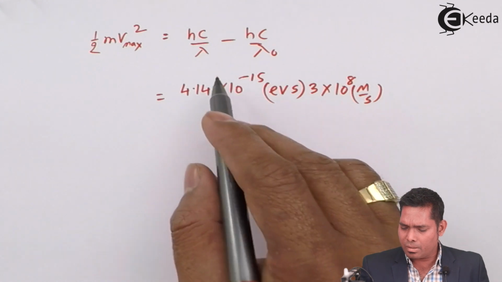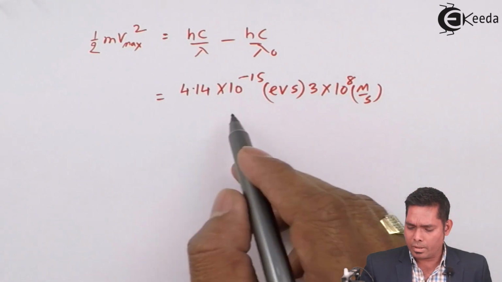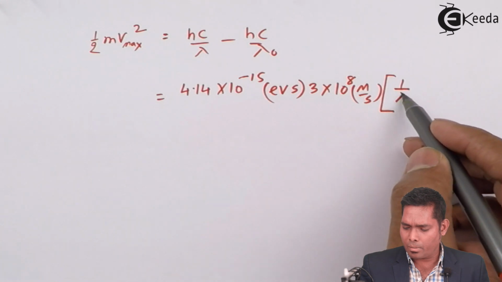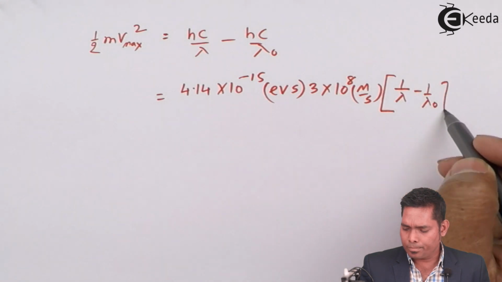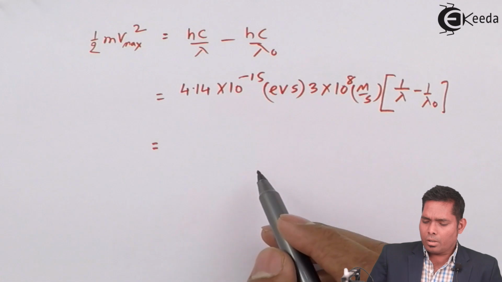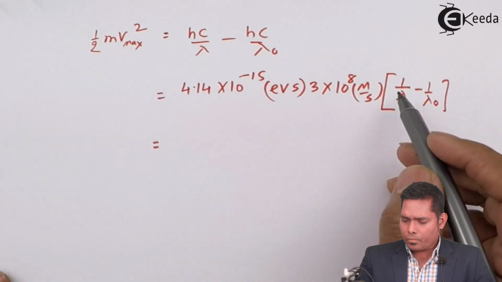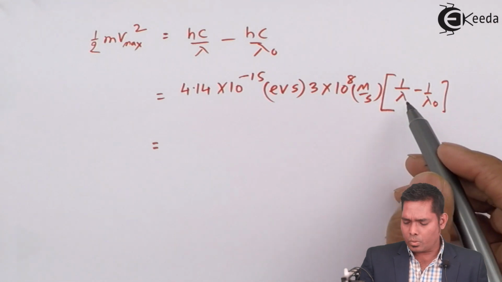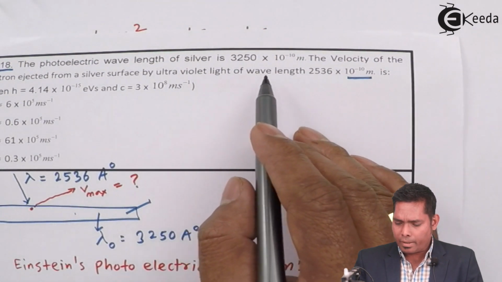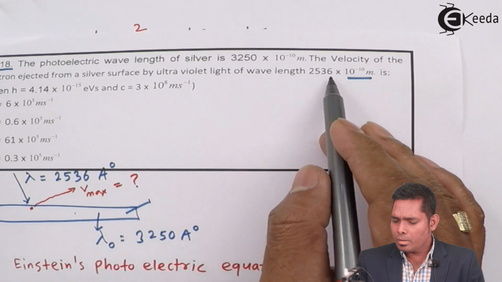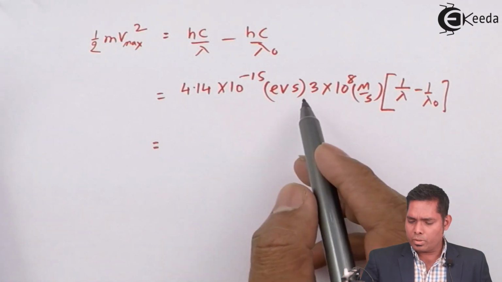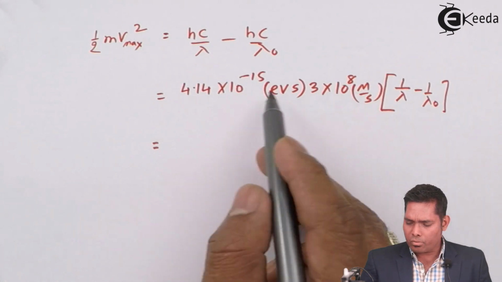The common factor hc I keep outside, and inside it is 1 upon lambda minus 1 upon lambda naught. The wavelengths I write in meter. This is my lambda and this is my lambda naught. If I substitute that, I will just rearrange it.